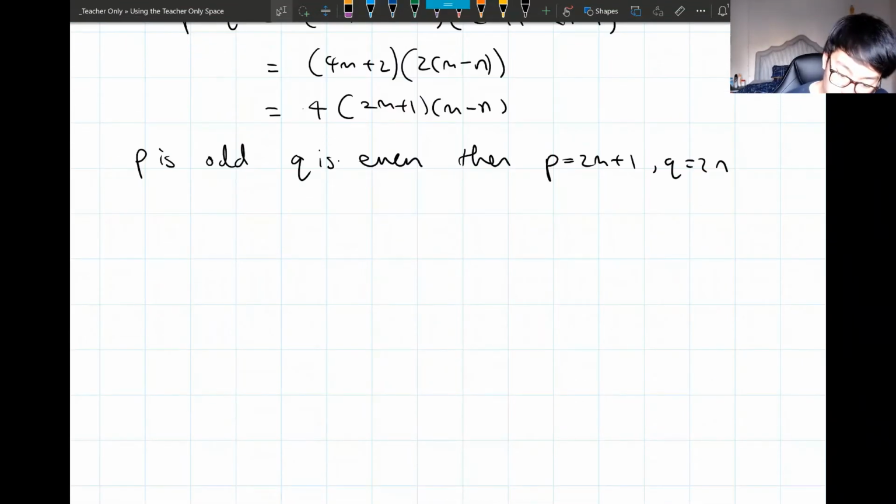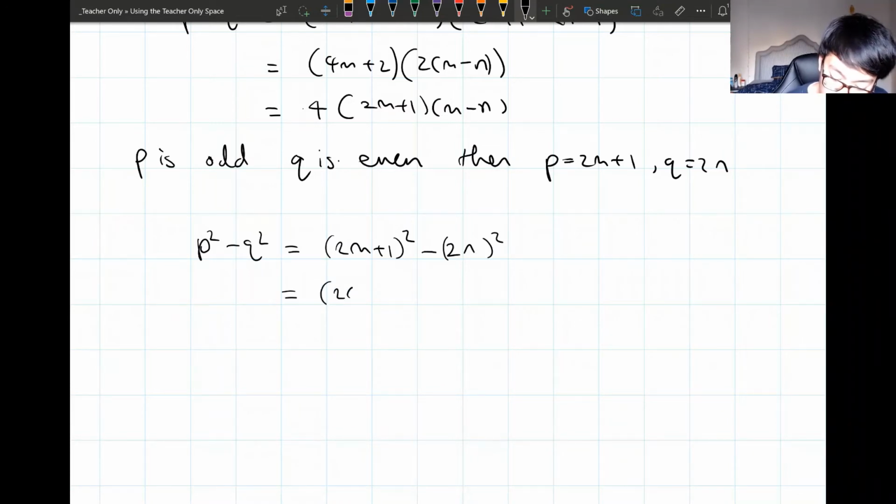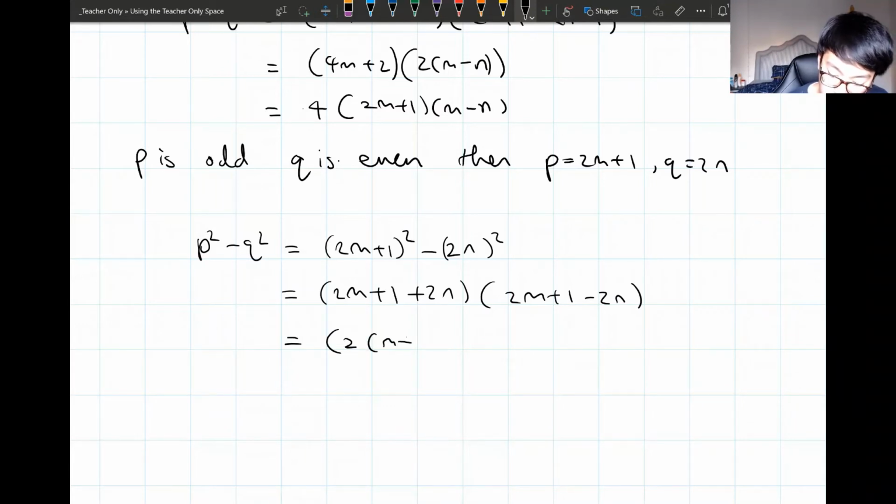And so you should obtain p squared minus q squared equal to (2m plus 1) all squared minus (2n) all squared. That is (2m plus 1 plus 2n) times (2m plus 1 minus 2n), which is (2(m plus n) plus 1) multiplied by (2(m minus n) plus 1).